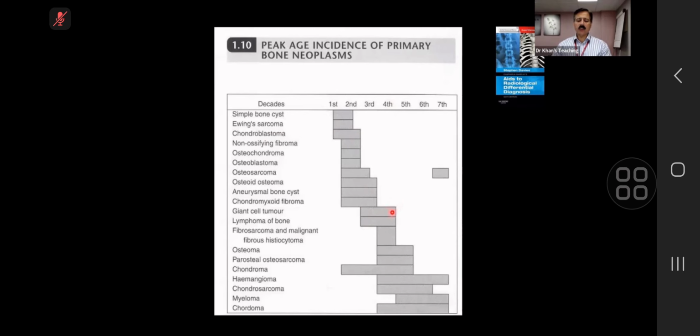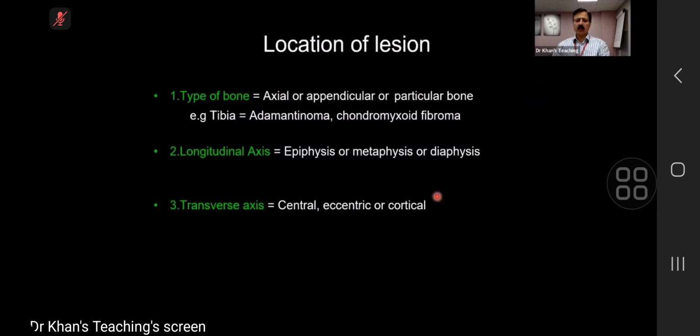So if you get a patient with fourth decade age group and you say chondroblastoma in your differential, that is a blunder. And you are going to be penalized for that. Remember that. So age of a tumor is extremely important. This is from old Chapman, the sixth edition. Now slight bit of change in the Chapman, but I just wanted to elaborate all of this in one slide. You will get the same information in a different manner.